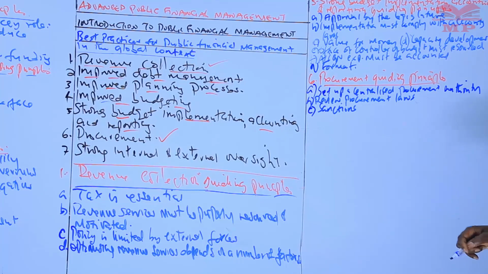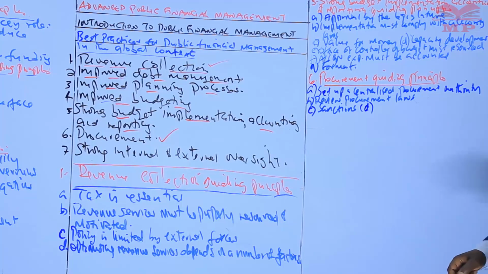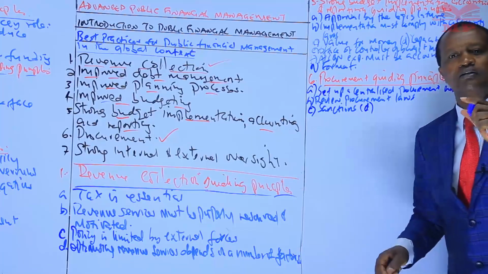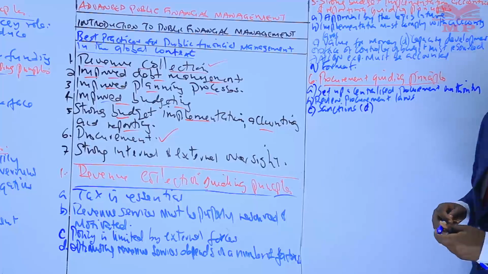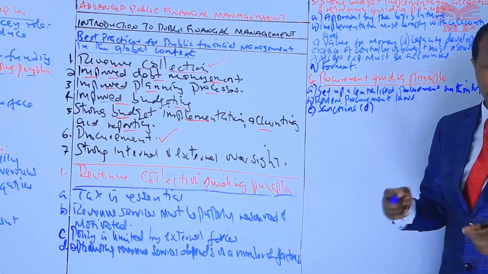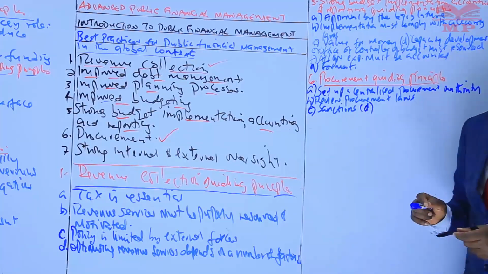Then D, the other guiding principle on procurement is that there should be strictly scrutinized and accountable procurement procedures, and especially procedures on the tender process, which again we covered extensively in our lesson on tendering in the public finance and taxation subject.